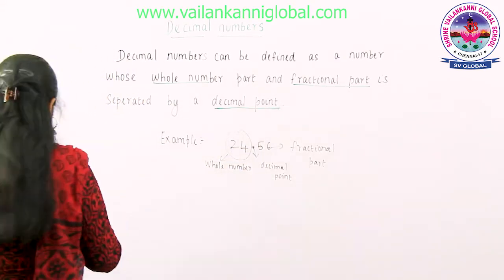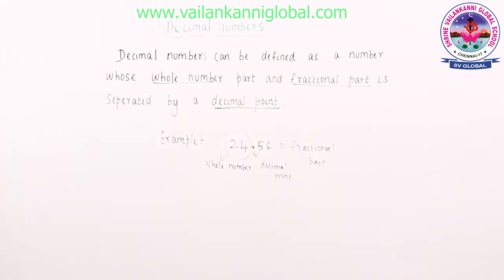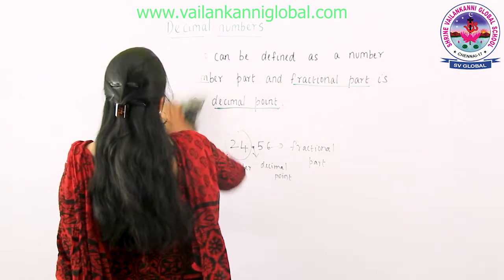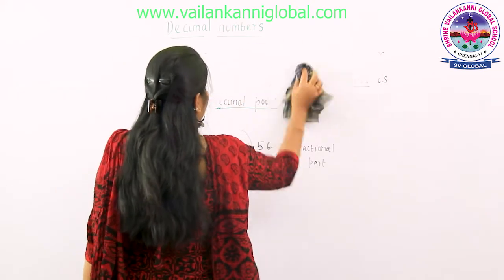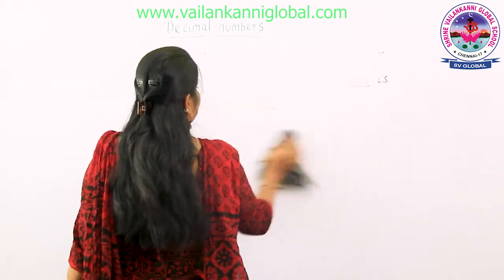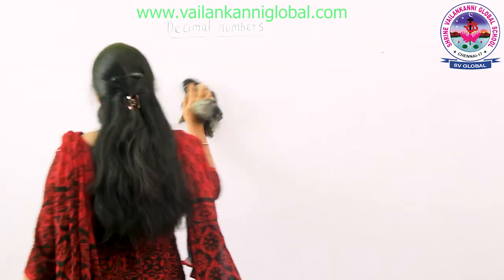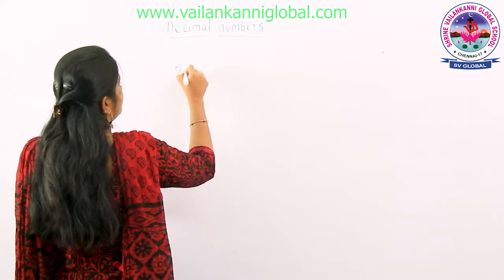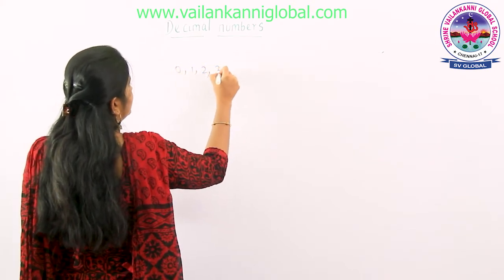So let's see how we can write decimal numbers from 0 to 1. Normally we will write numbers like 0, 1, 2, 3, and so on.